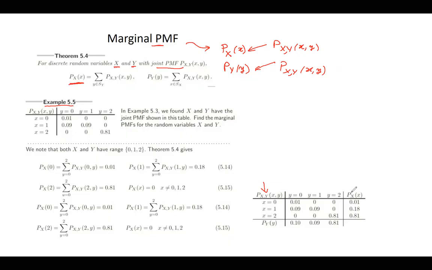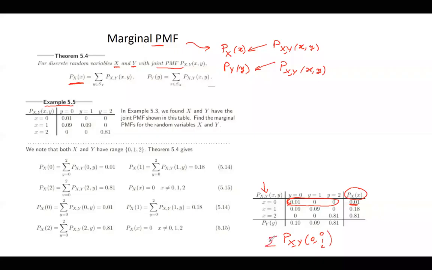slide. For the marginal PMF of x, we simply add the values of the first row of the table, which is 0.01. So this refers to simply Pxy where x is 0 and y is 0, 1, and 2.